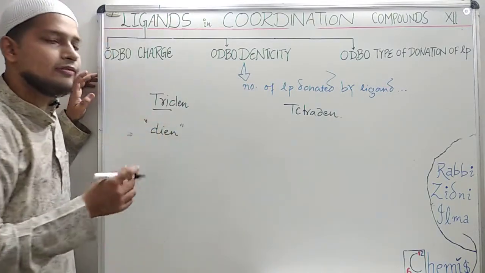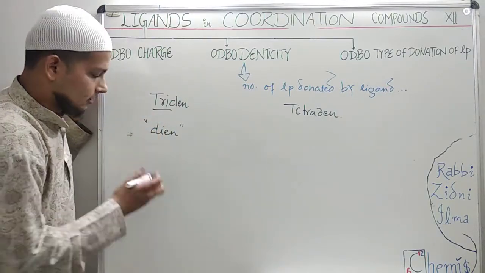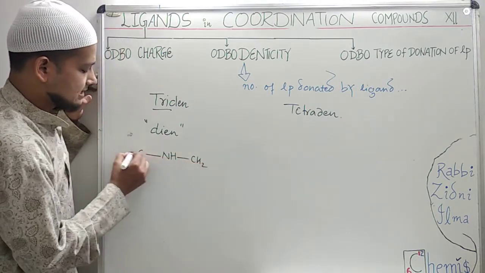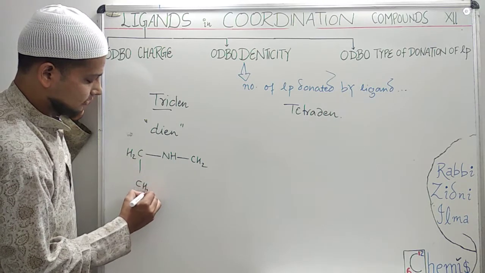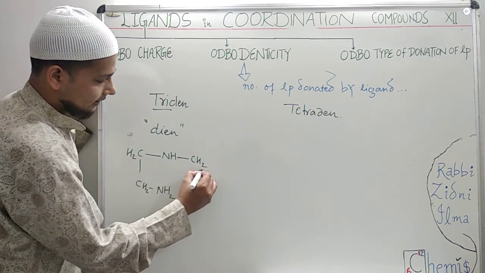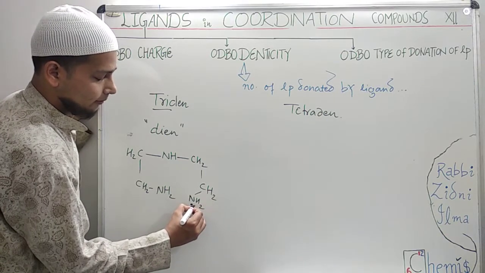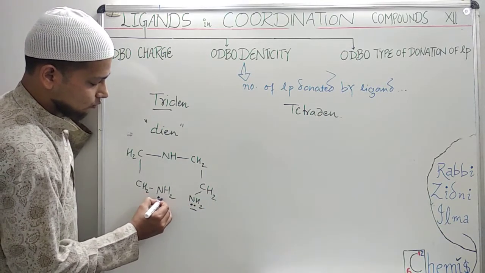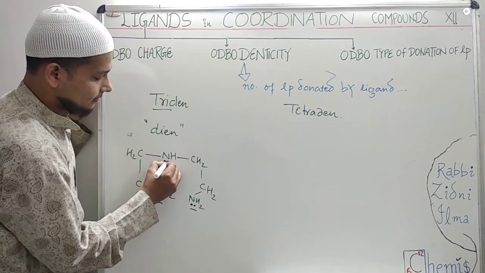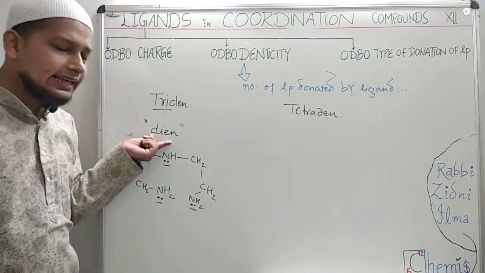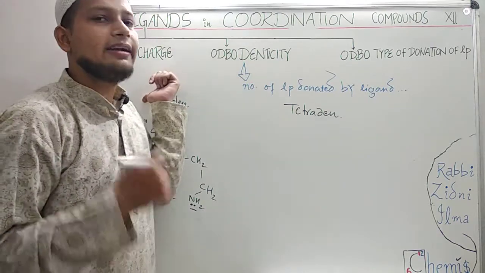It is the brother of en, ethane 1,2 diamine. Now the structure goes like this: NH2CH2CH2NHCH2CH2NH2. Look here, donor number 1, donor number 2 and donor number 3. So we have these 3 donor atoms, that is dien, our tridentate ligand.